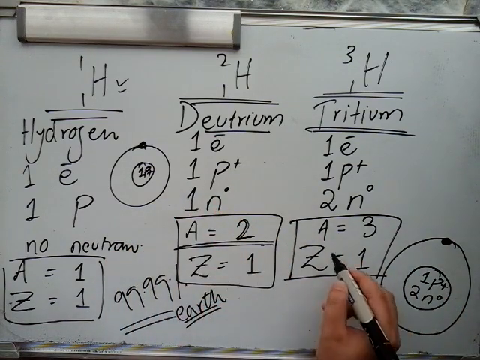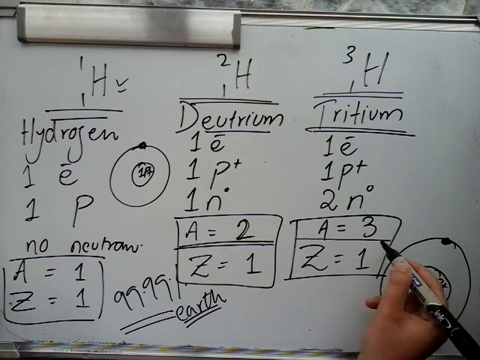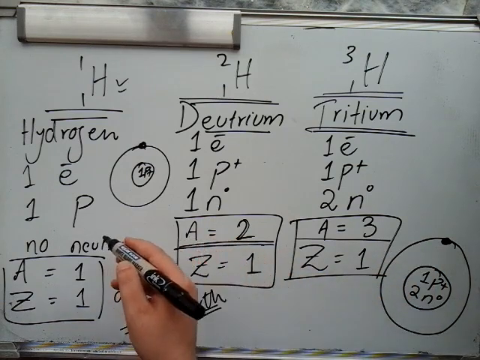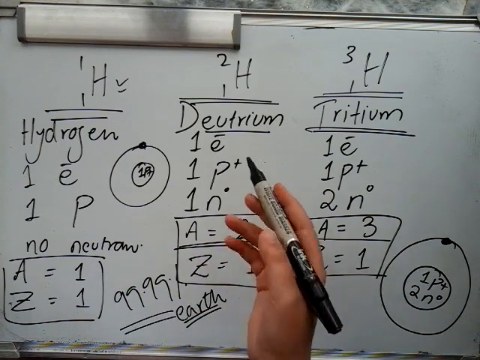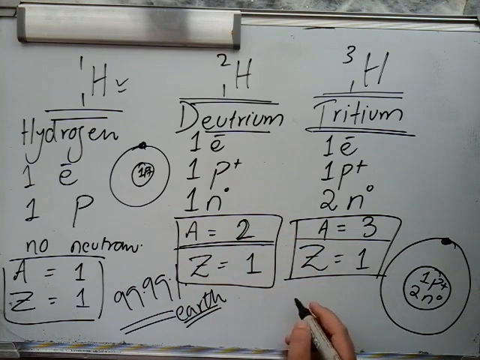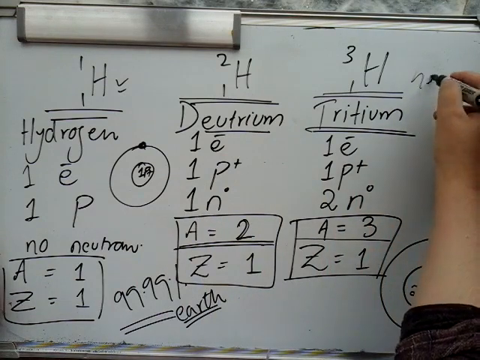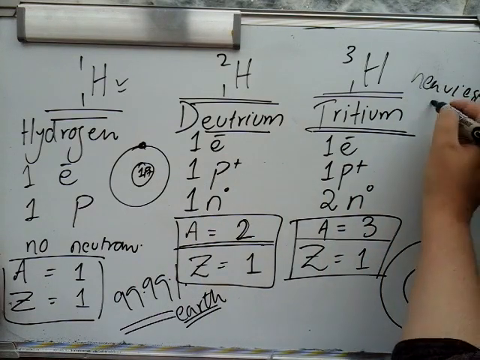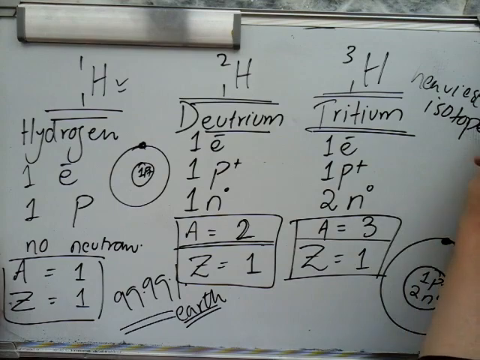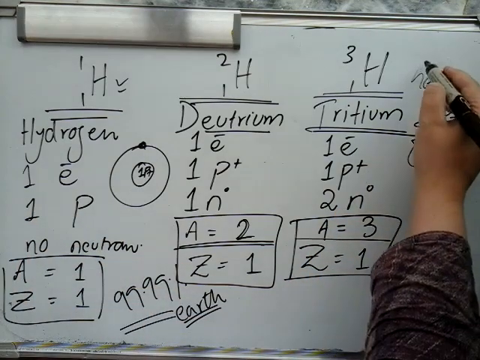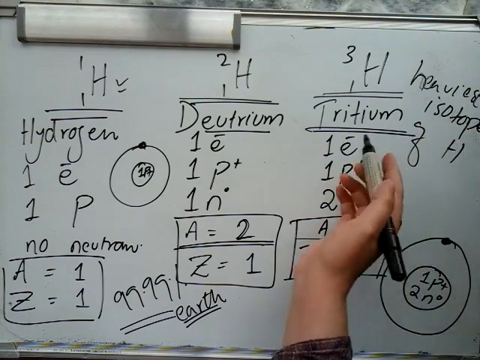Its mass number is 3, meaning its nucleus is 3 times heavier than hydrogen and 1.5 times heavier than deuterium. Is that clear? So keep in mind that deuterium is heavier, and tritium is the heaviest isotope of hydrogen, and its density is also greater than deuterium and hydrogen.